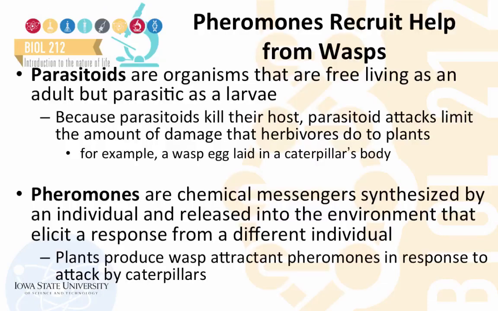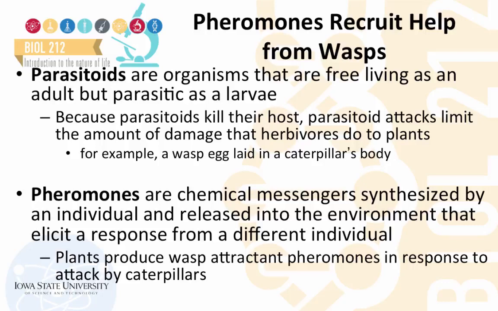Another way in which plants protect themselves against herbivore attack is by releasing pheromones that recruit help from other organisms like wasps. Wasps are an example of parasitoids, which are organisms that are free-living as an adult but parasitic at the larval stage.